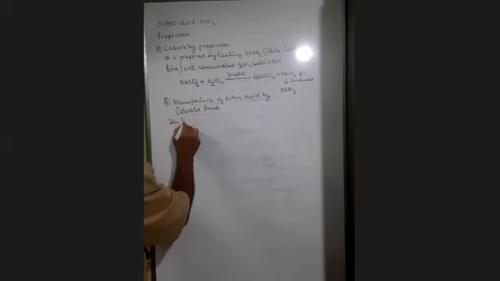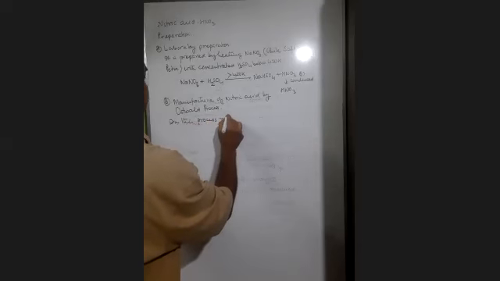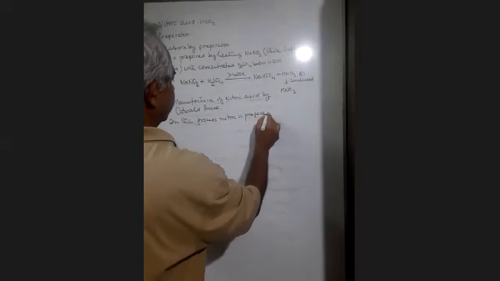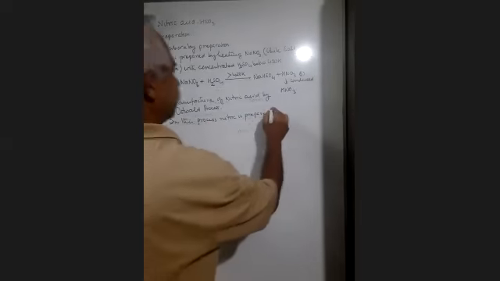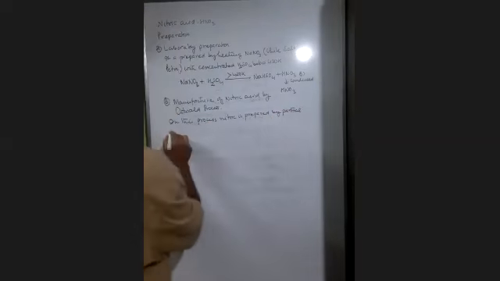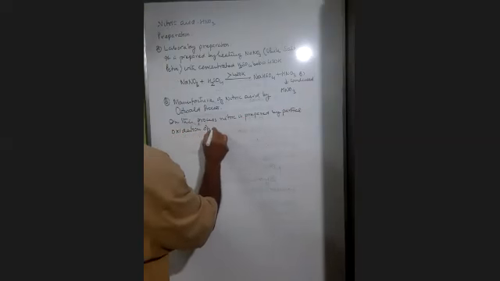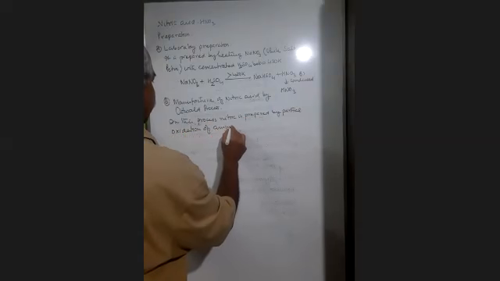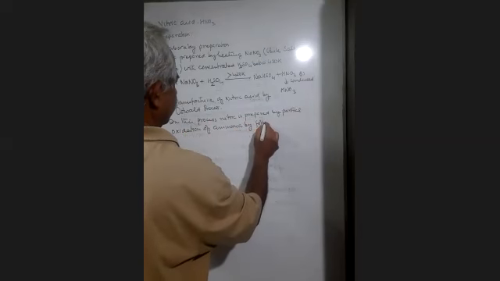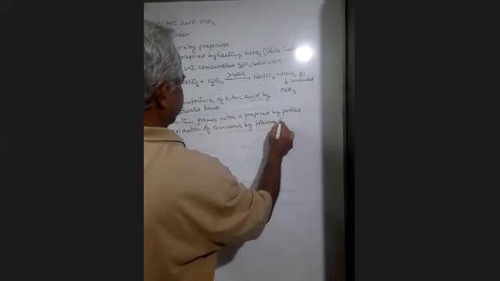In this process, nitric acid is prepared by partial oxidation of ammonia by following steps.